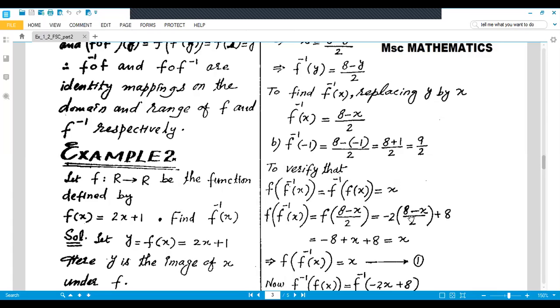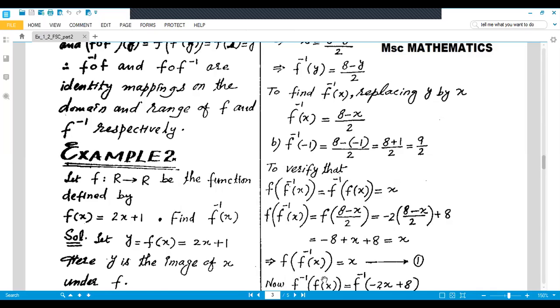Where you find x, there you put the value of f inverse x. So the 2s cancel with each other. So minus 8 plus x plus 8, and minus 8 and plus 8 cancel. So you get x.